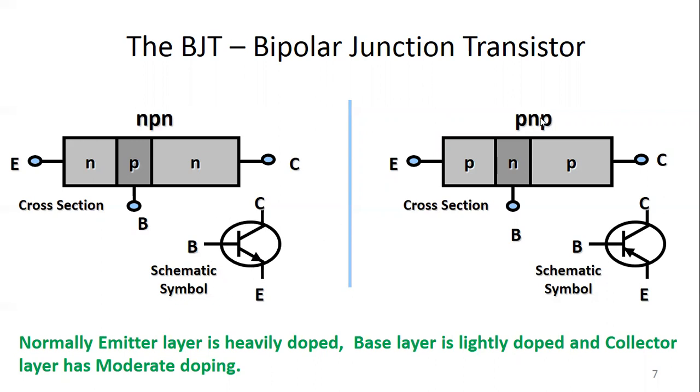In case of PNP, the current is going to flow from emitter to collector. So in the symbol of PNP transistor, the arrow is moving inwards to the base from emitter. This is how we have to remember the symbols.